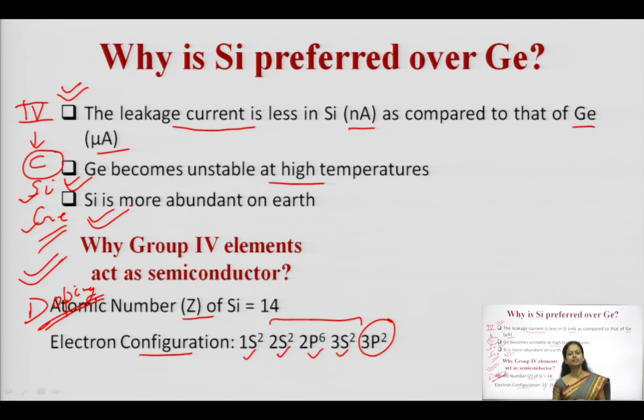So, it has a tendency to accept 4 more electrons, and very balanced covalent bonds can be formed if you are using group 4 elements, which gives a very stable structure. So, these are the 2 points. One is that its properties are very much suitable for doping. Second, on the basis of electron configuration, group 4 elements can and must be used as semiconductors.